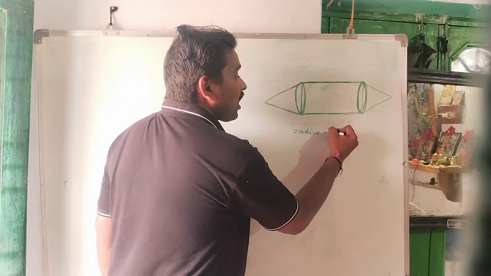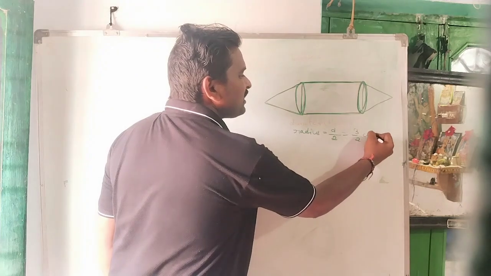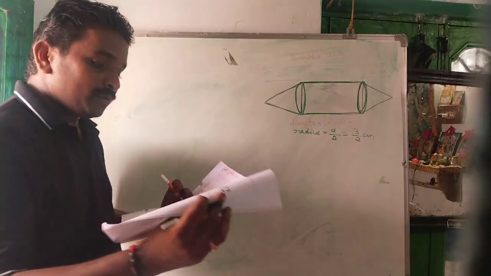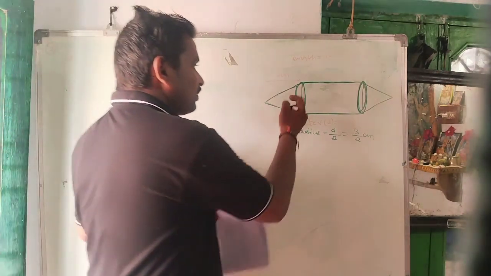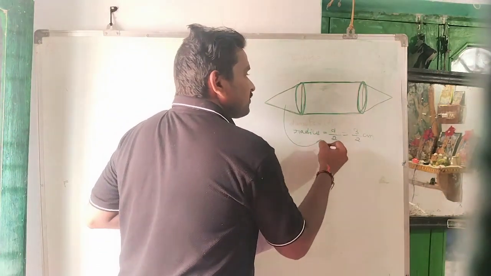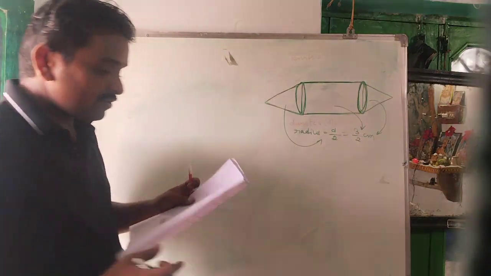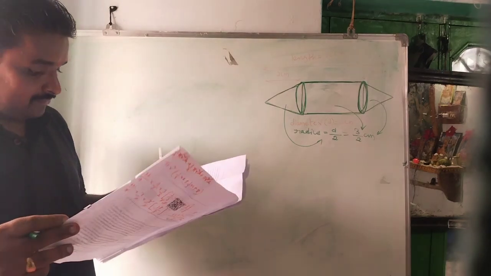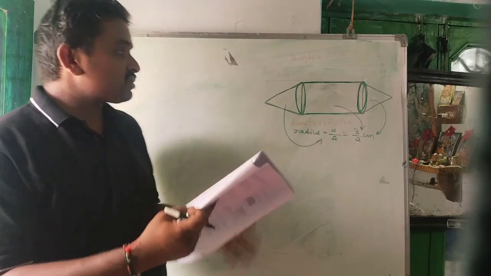Radius is half of the diameter, so radius is equal to 3 by 2. 3 by 2 is the radius of the cone, the radius of the cylinder, and the radius of the other cone. So the three figures have the same radii.